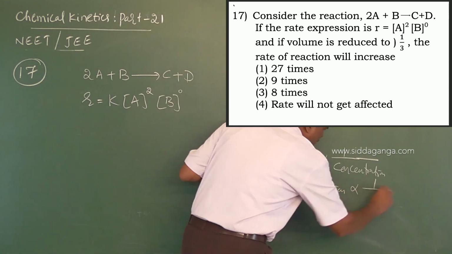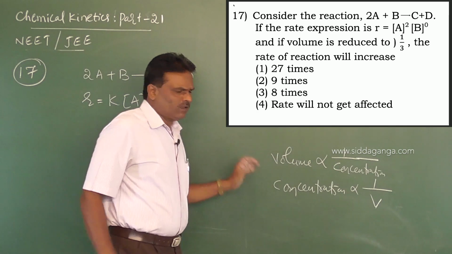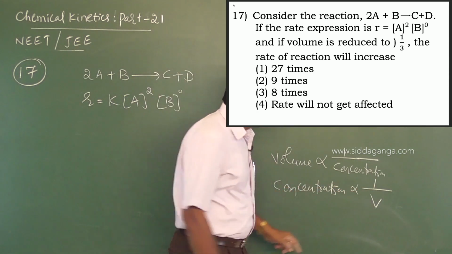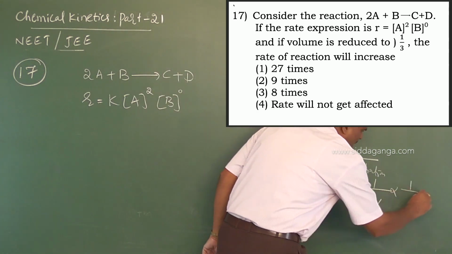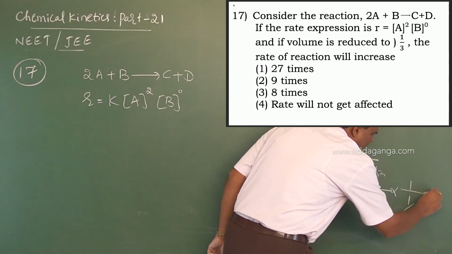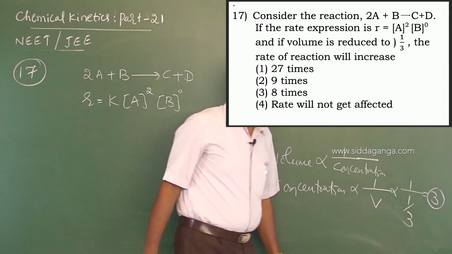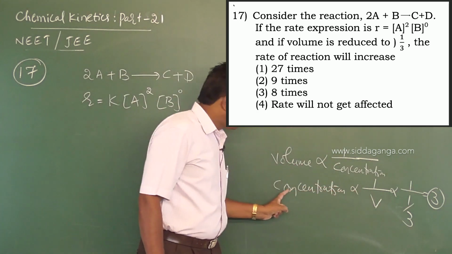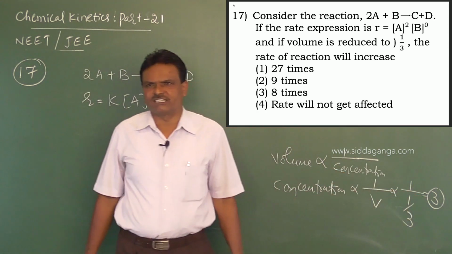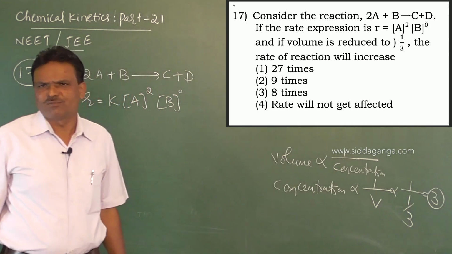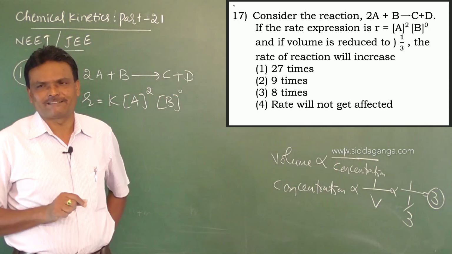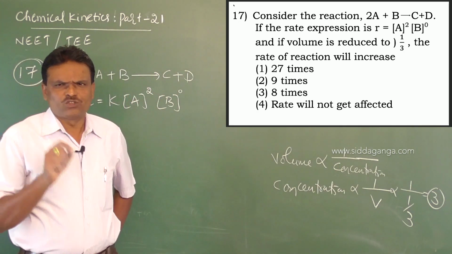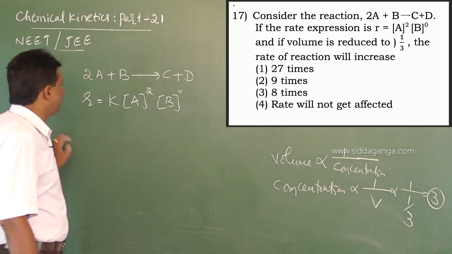So volume is reduced to 1/3, so it is proportional to 1 divided by 1/3, it is equal to 3. So if volume is reduced to 1/3, concentration becomes 3 times increased. Is it clear? So if it becomes 3 times more, see what happens then.